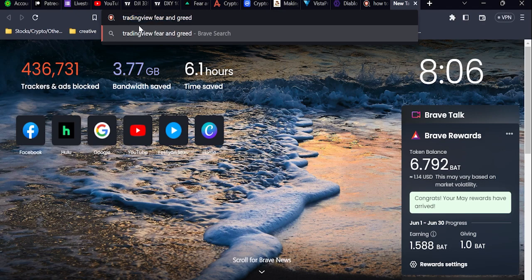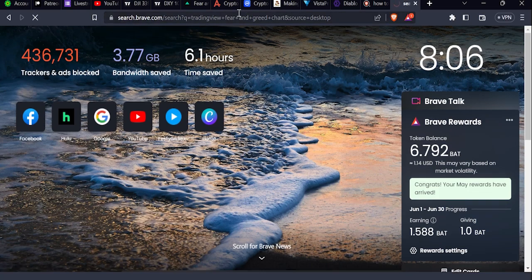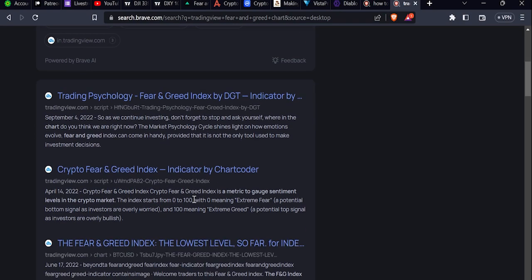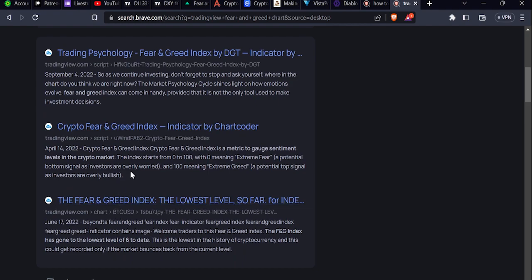TradingView fear and greed chart. The fear and greed index FNG. That's the sentiment of the crypto market. Okay, it is based on the crypto fear and greed index. Oh, it's mainly for crypto.